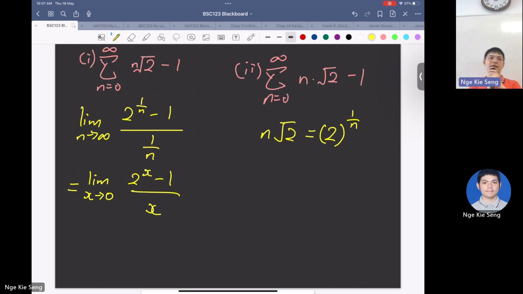Okay, so in this case, what's the limit of this thing? It's the same as the limit above, but you will get 0 over 0. Then you can use L'Hopital's rule. One thing you need to know is how to differentiate 2 to the power x.